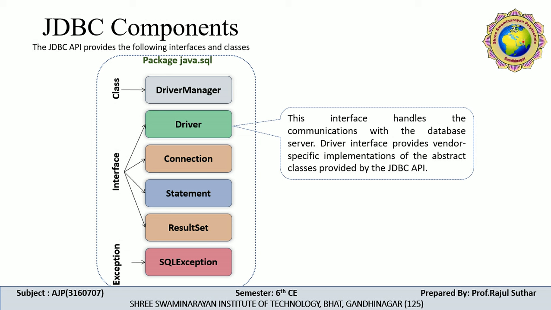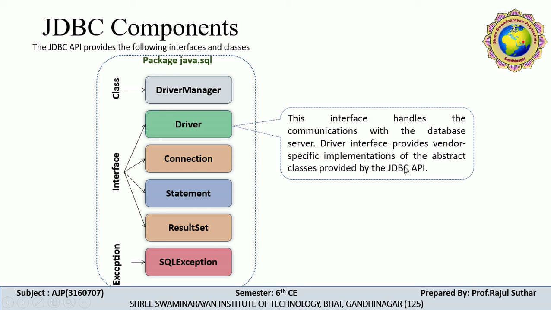We already mentioned that the class DriverManager covers the interface Driver. So this interface handles the communication with the database server. By using this driver, we communicate with the database server. The Driver interface provides vendor specific implementation of abstract classes provided by the JDBC API. JDBC API is nothing but the application program interface.